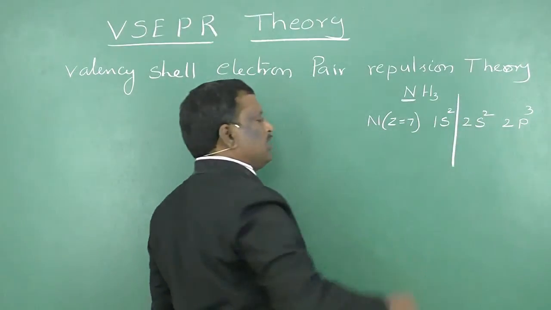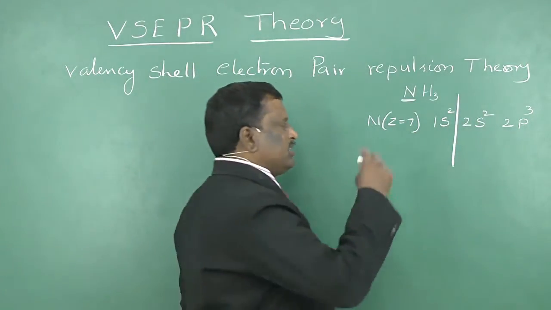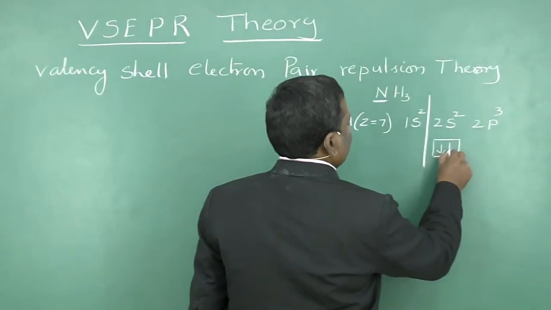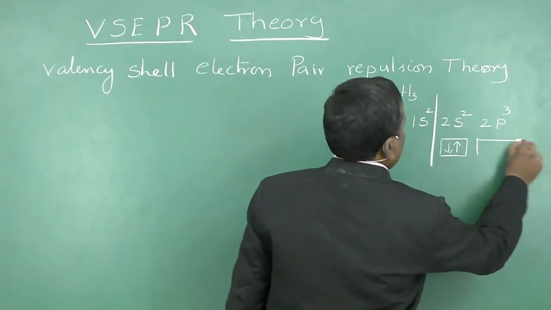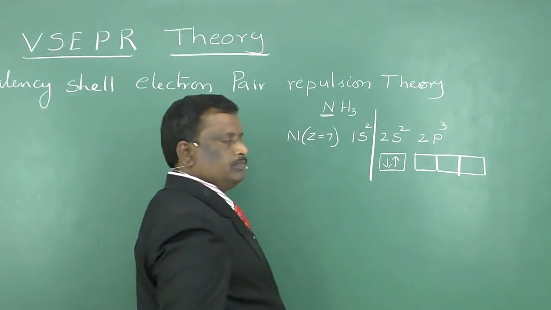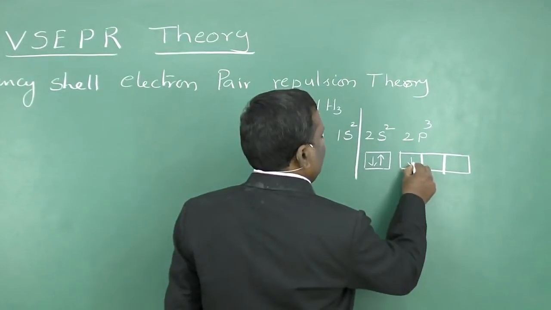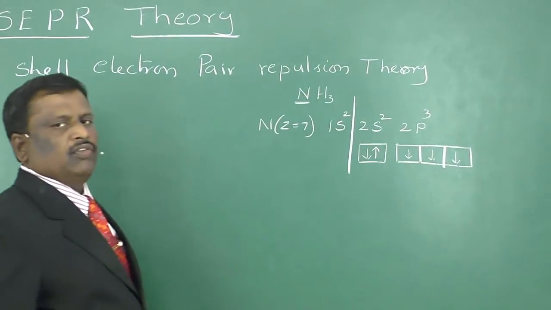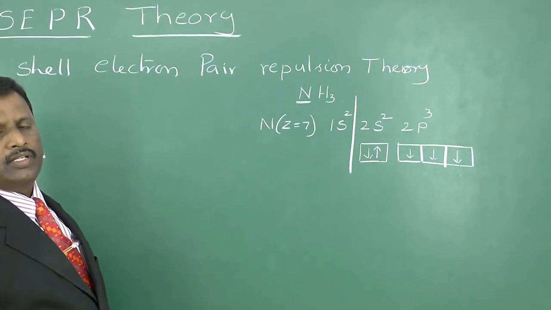This is the valency shell. In the valency shell of nitrogen you have 2 electrons in 2s and 3 electrons in 2p orbitals. That is, 3 half-filled p orbitals are present.